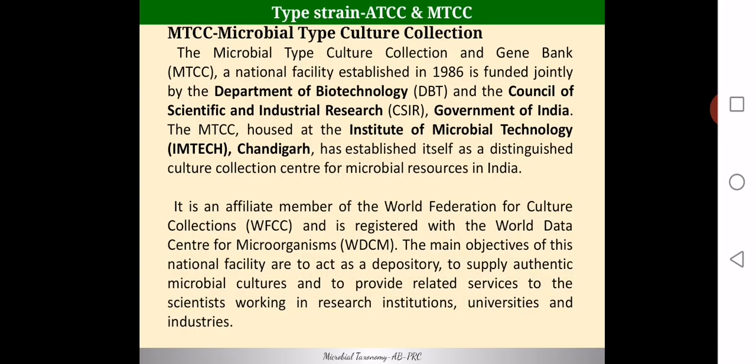And there is a similar organization in India called MTCC, Microbial Type Culture Collection. It's maintained at IMTech, the Institute of Microbial Technology, Chandigarh, and they also provide pure cultures or type strains across the world. Besides MTCC and ATCC, there are many other culture collection centers, but these two are the very common representative examples I'm taking.